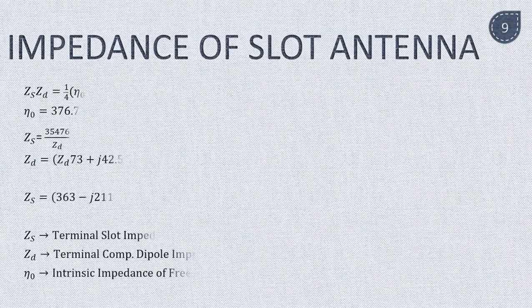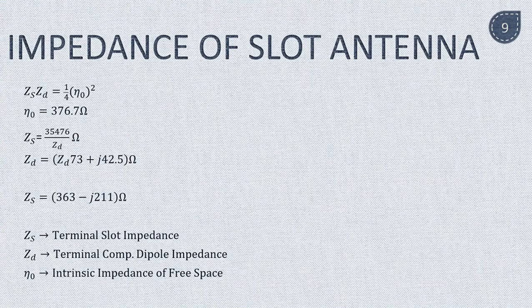To know the impedance of the slot antenna, the relationship between the terminal impedance of the slot Zs and the dipole Zd is given as Zs times Zd equals 1/4 times η0 squared. η0 denotes the intrinsic impedance of free space. So since η0 is equal to 376.7 ohms, on substituting we will get 35,475.7225 ohms.